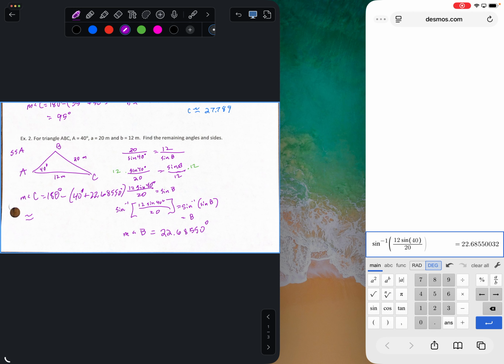And that will be approximated, and it comes out to 117.31450.